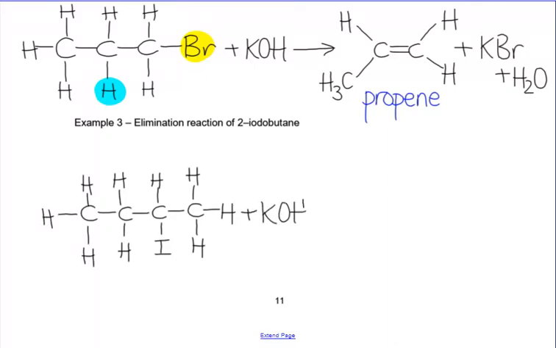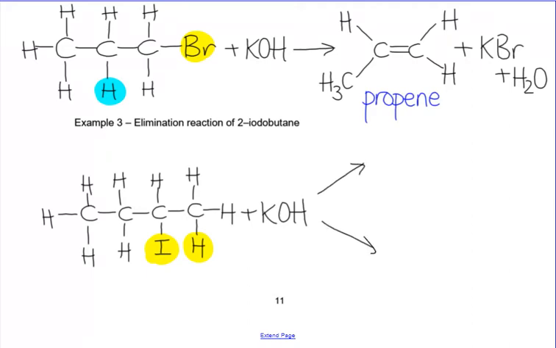I'm going to change the use of the highlighters a little bit here because we've got two possible answers. So I'm going to have a look at eliminating the halogen, and for this first one I'm going to eliminate the hydrogen from the neighbouring carbon that's to the right. And so we've got two possible answers.